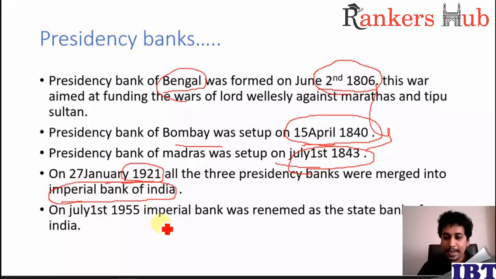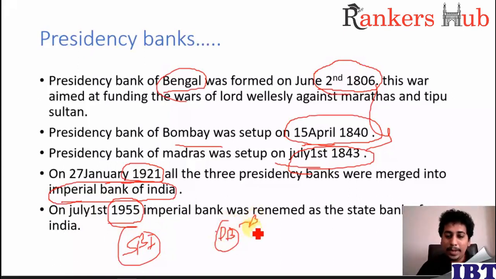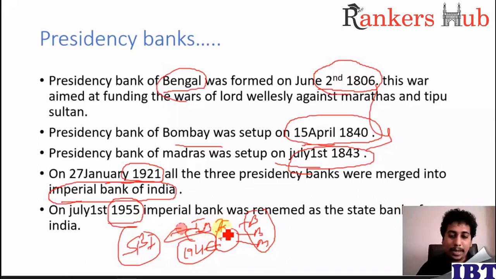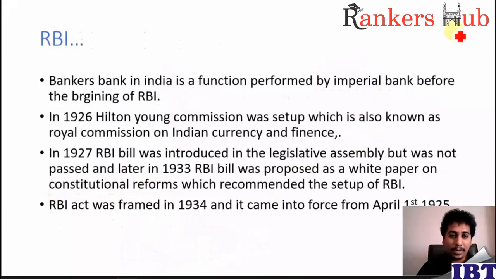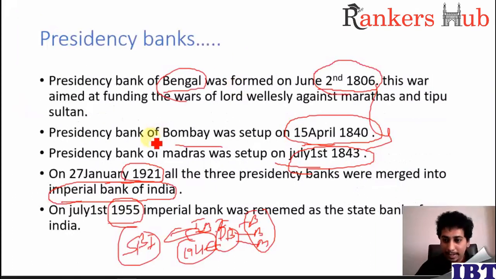Clear? And the same Imperial Bank of India in the year 1955 came to be known as State Bank of India. Clear? Try to understand. Presidency banks Bombay, Bengal and Madras, three of them together were merged in 1921 as Imperial Bank of India, and the same Imperial Bank of India is renamed as State Bank of India. Clear? So this is something about the historical evidences of the banking in our country.